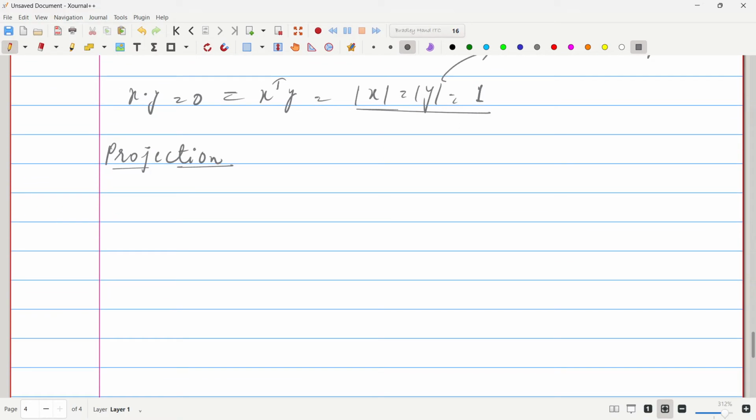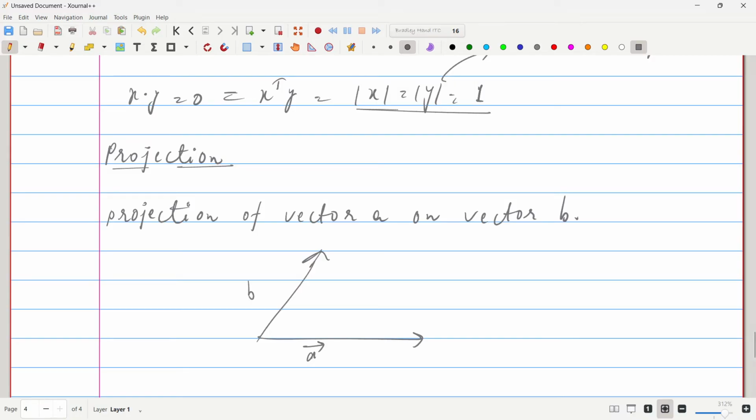Projection of a matrix, you can say, is creating a shadow of one vector onto the other vector. So if I want to find the projection of vector A on vector B, suppose we have two vectors. Let's take this: this is the A vector and this is the B vector.